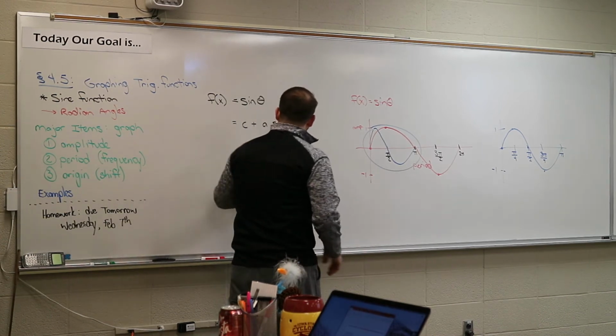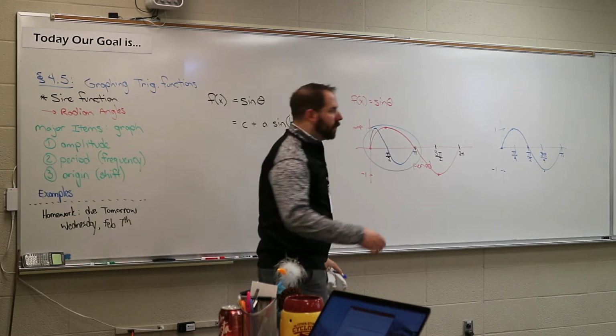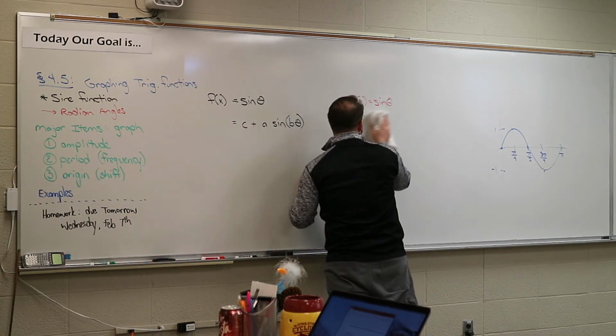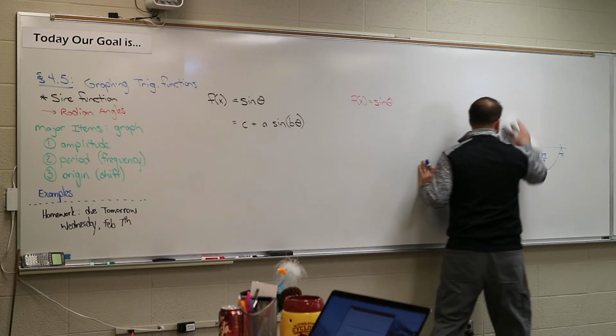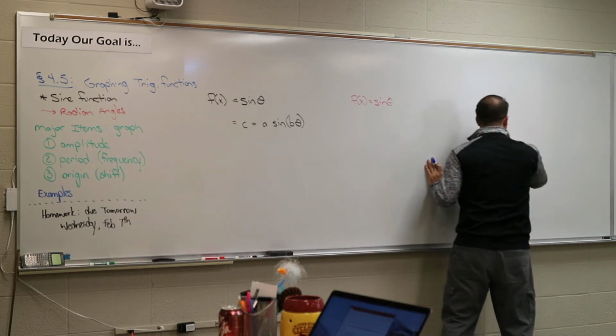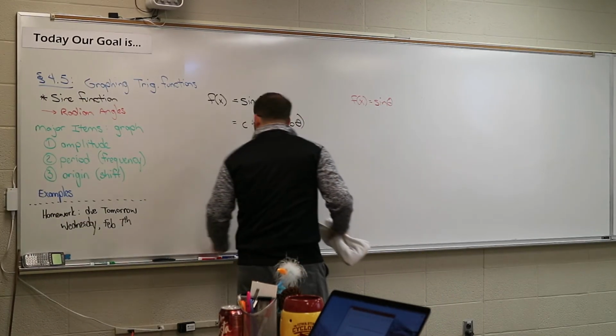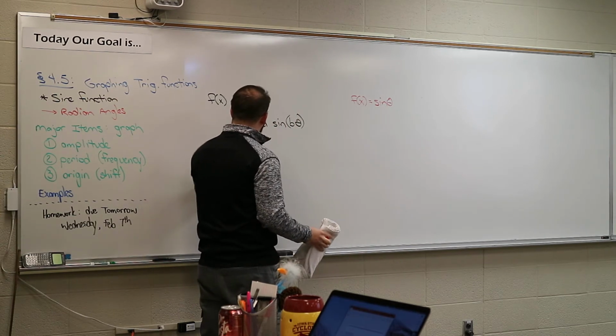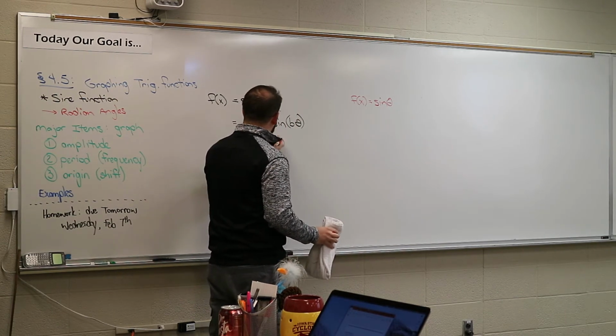Okay. Let's go to the last thing I want to talk about today, which is the shifting, which is the C number now. So if they plug a number out front, let's say they put a 4 plus sine of theta.